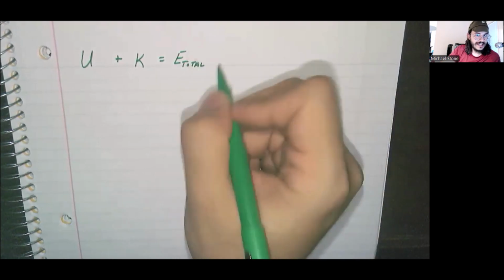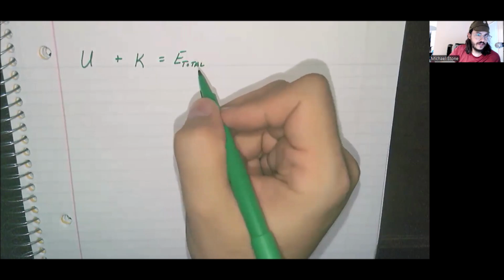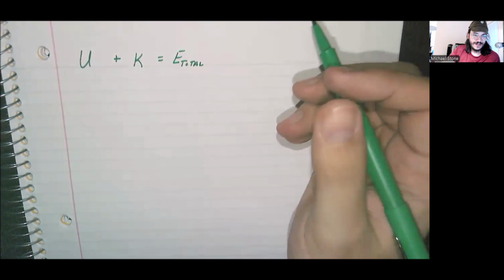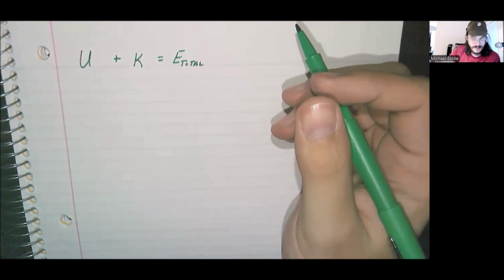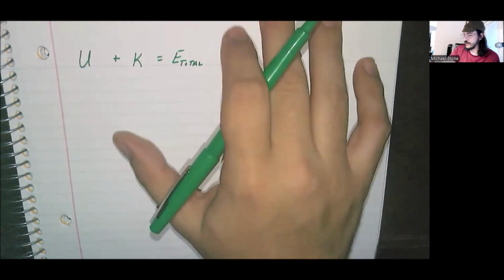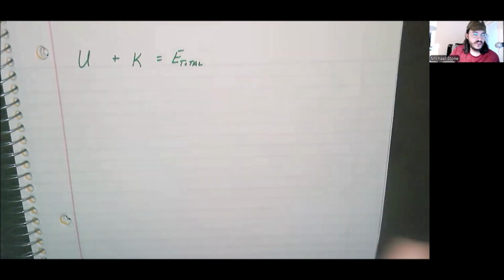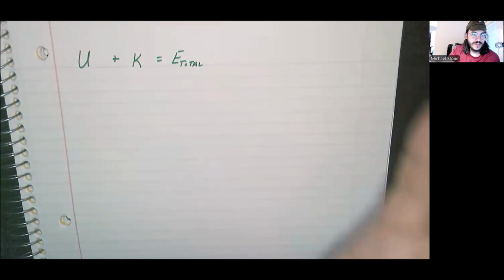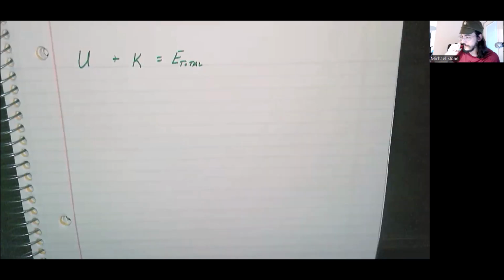And then that stays the same as long as there's nothing doing work on it. And we used this for the roller coaster, which by some miracle was last year's FRQ 2 days after I went over it. There's somebody at College Board that I owe a beer for that one.